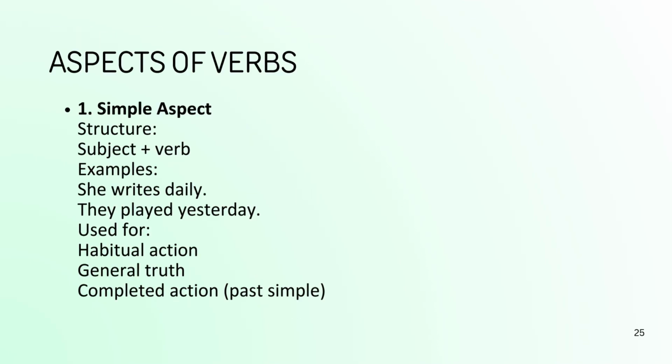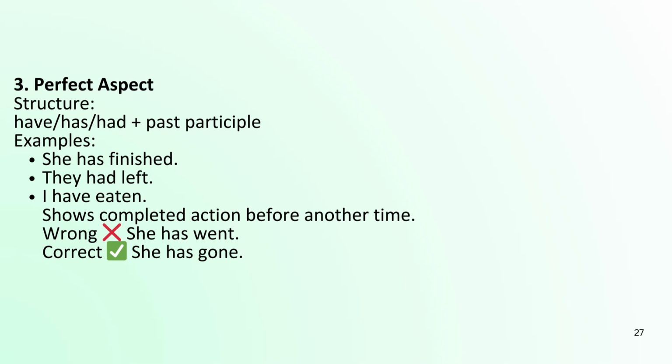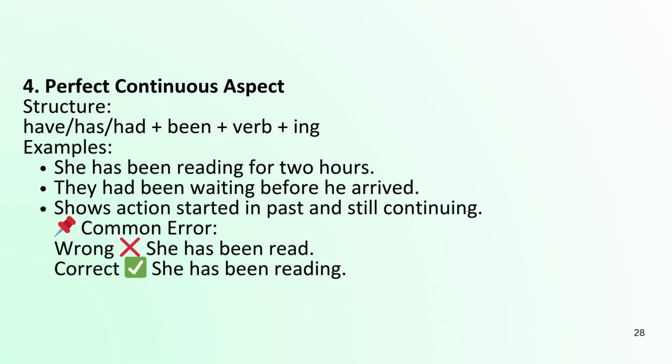Okay, these are the aspects of verbs. What are the aspects of verbs? These are the aspects of verb: the simple aspect, where we have the subject plus verb. All right, go learn it. Continuous, progressive aspect. Here are the examples. Here is the perfect aspect and the perfect continuous aspect.